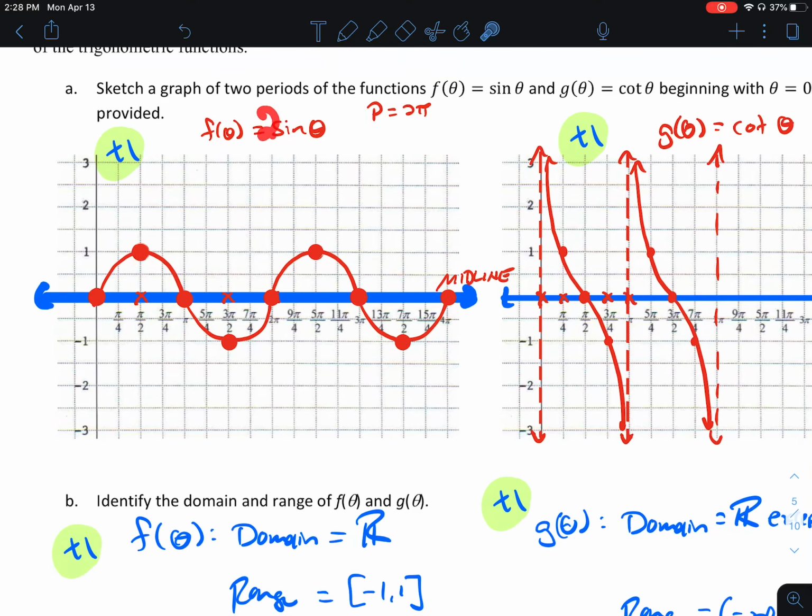If we have a 2 in front of this, the graph's going to go up to 2 and then down to -2, up to 2 and down to -2. So in that case, we would say that the range would go from -2 to 2. Well, what if our A was a -2? Then this graph would go down to -2 and then up to +2, down to -2 and up to +2.